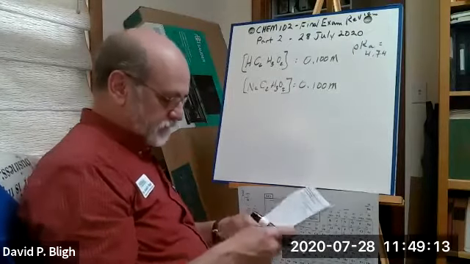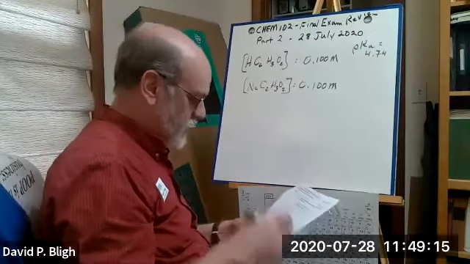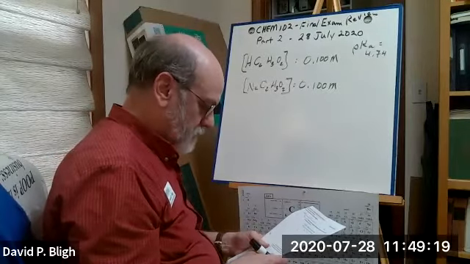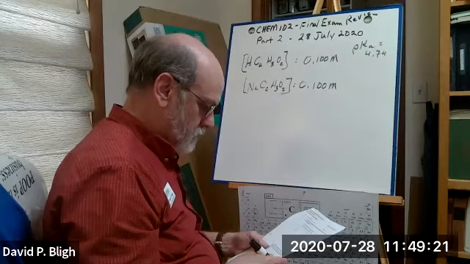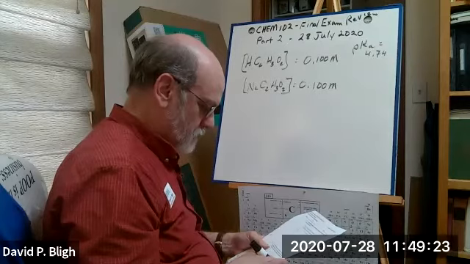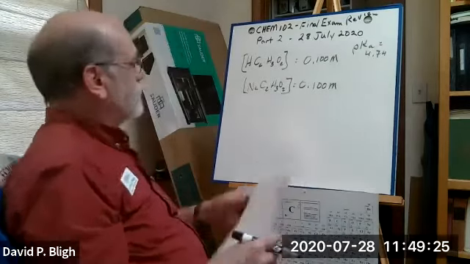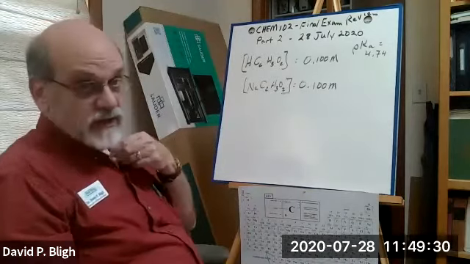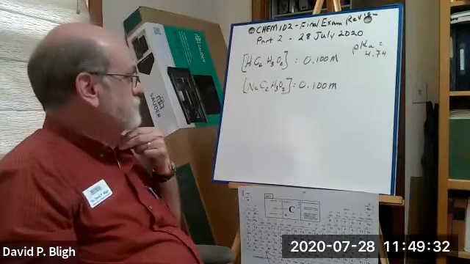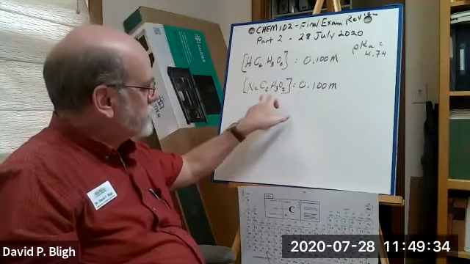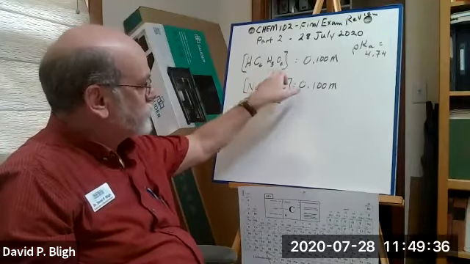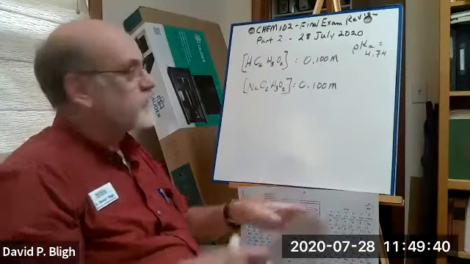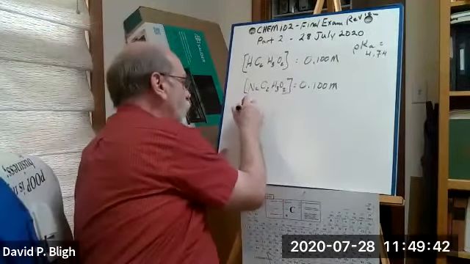If we don't, then we messed up our volume. All right, so do we have a buffer here? Well, actually, yes, we do. If we have that concentration of this one and that concentration of this one, we have a perfect buffer. And the pH of this buffer is 4.74.